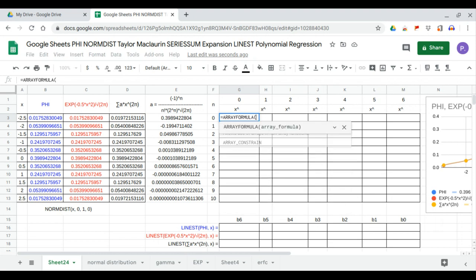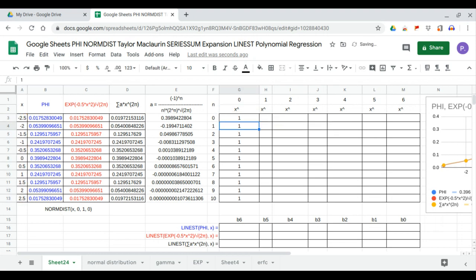So our formula, the x values to the power 0. So that's our 1 column. We lock the reference so it does not move as we drag, copy to the rest of the 1 comma x matrix. So we drag this. This will be the x column, which matches our x values. This will be the x squared column, x cubed column, and so on.